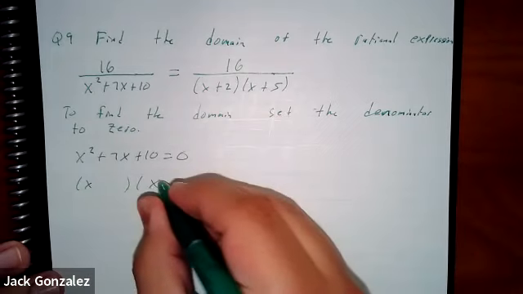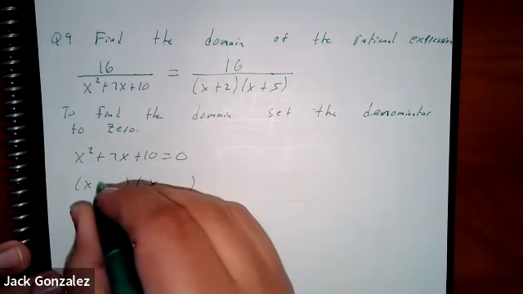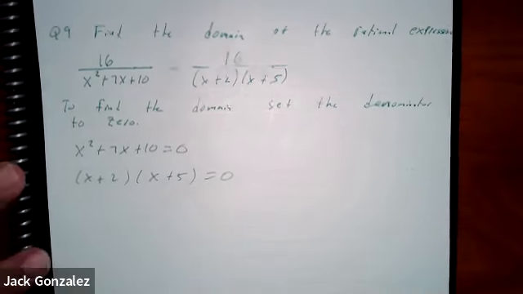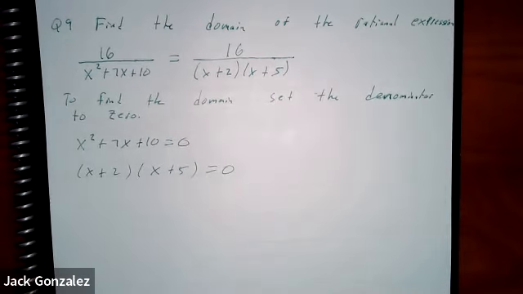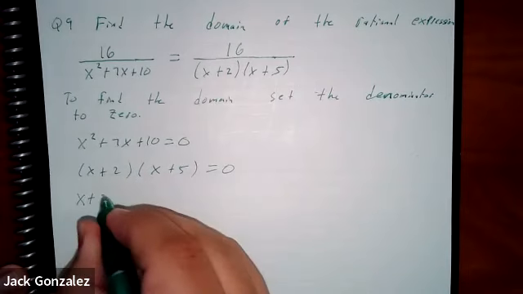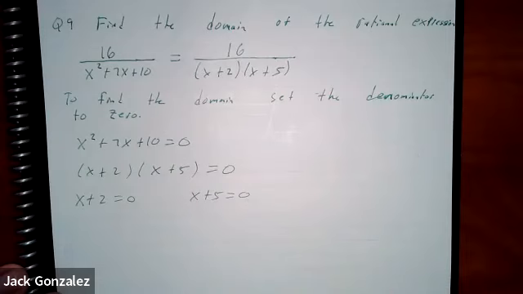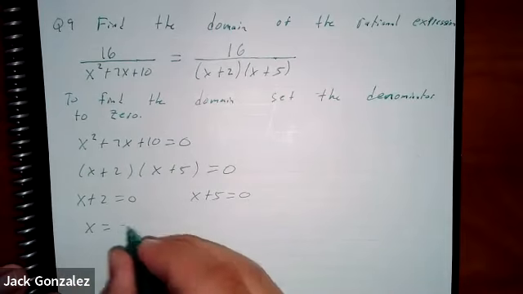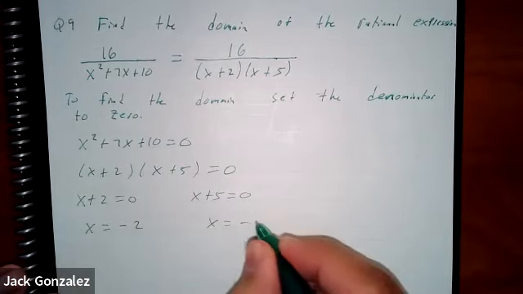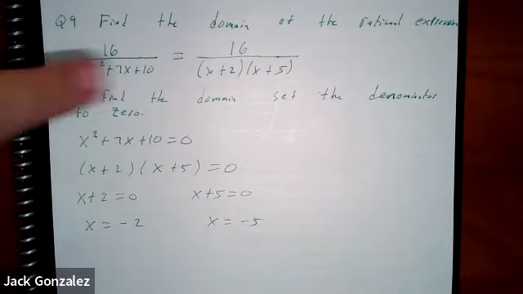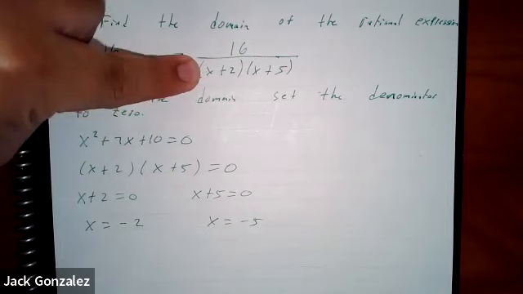Since we've already factored, we don't have to do anything. Once you have 2 factors or any products equal to 0, you can set each factor to 0. Solve them. And you have the 2 numbers that are not allowed in for x in this expression.